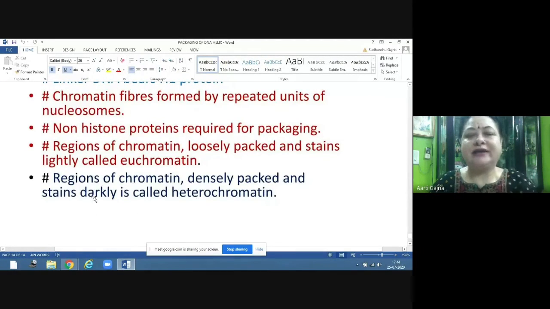So chromatin can be divided into euchromatin and heterochromatin as per the stain absorbed and whether they are transcriptionally active or inactive. So this is how DNA is packaged inside the nucleus.